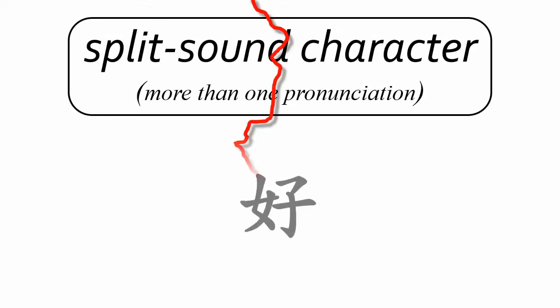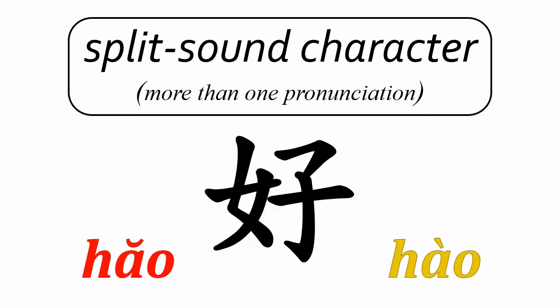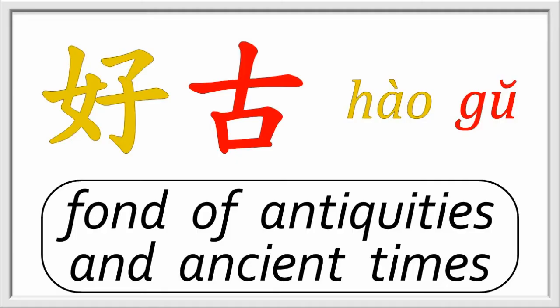This is also a split sound character, pronounced fourth tone, 好, when it means to be especially fond of something or activity. A possible example would be 好古, to be fond of anything related to antiquity or ancient objects.